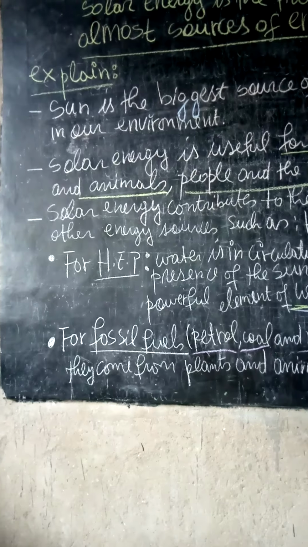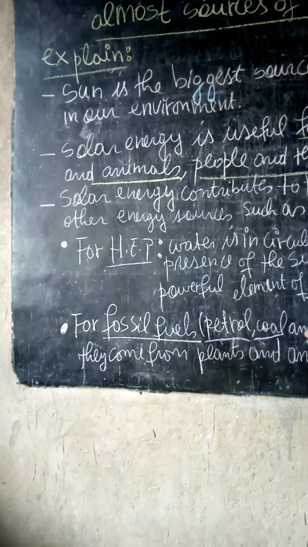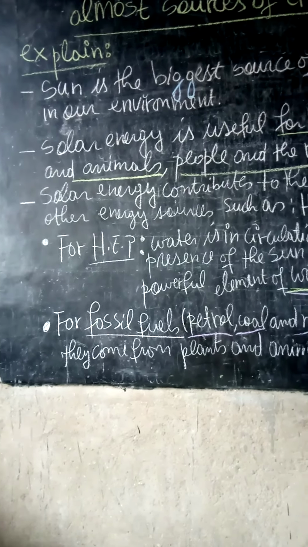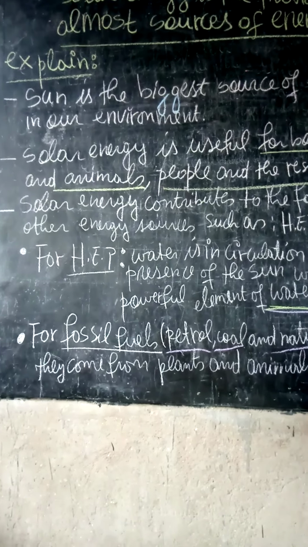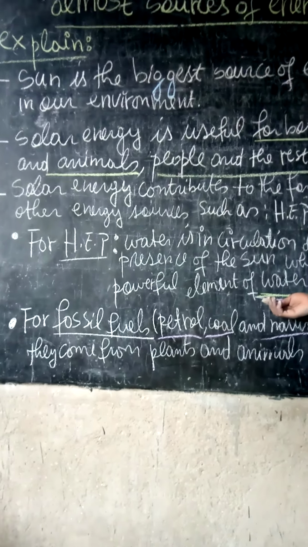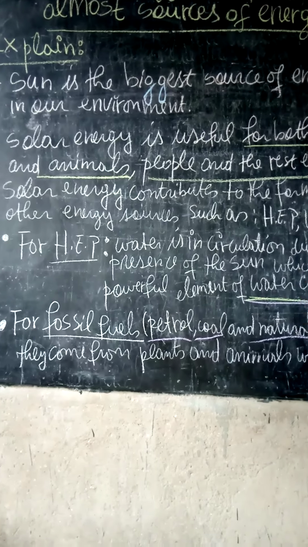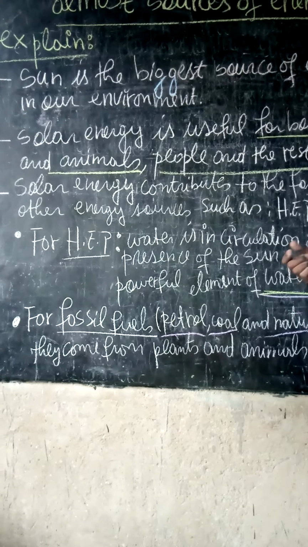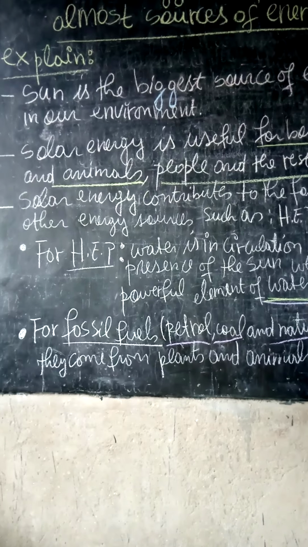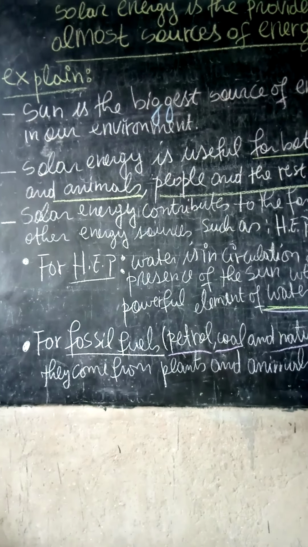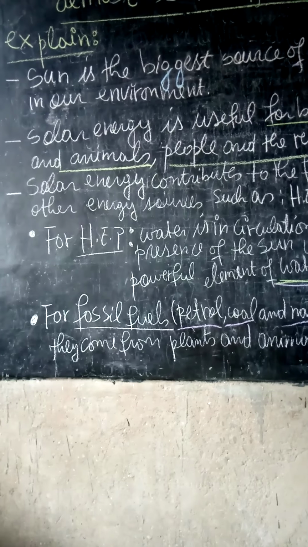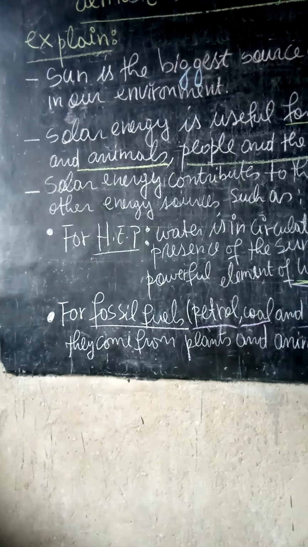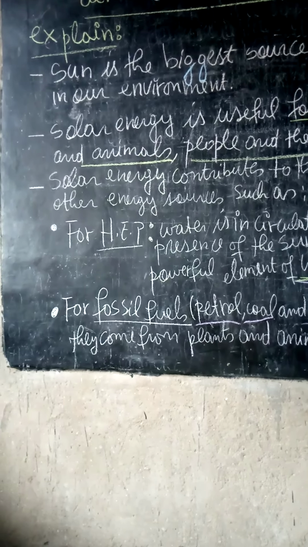Hydroelectric power is the source of energy which uses a resource called water. So water is in circulation because of the presence of the sun in this water cycle. To explain the water cycle, you know it from geography, I know how good you are at geography.